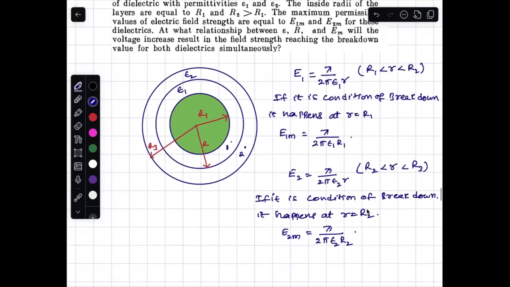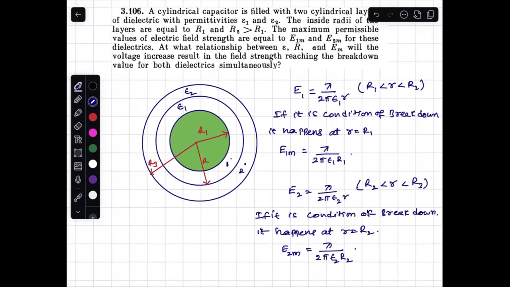What do you want? Question. Go to the question now. So you want a situation or a relationship where breakdown value has to happen in both the dielectrics simultaneously. Right?